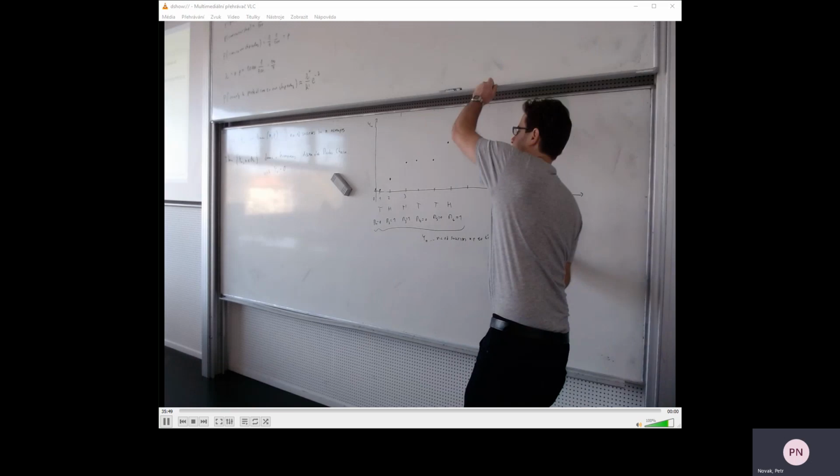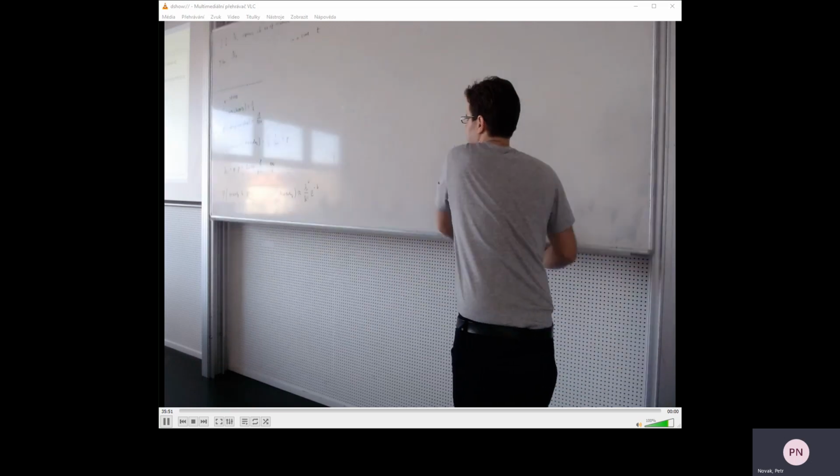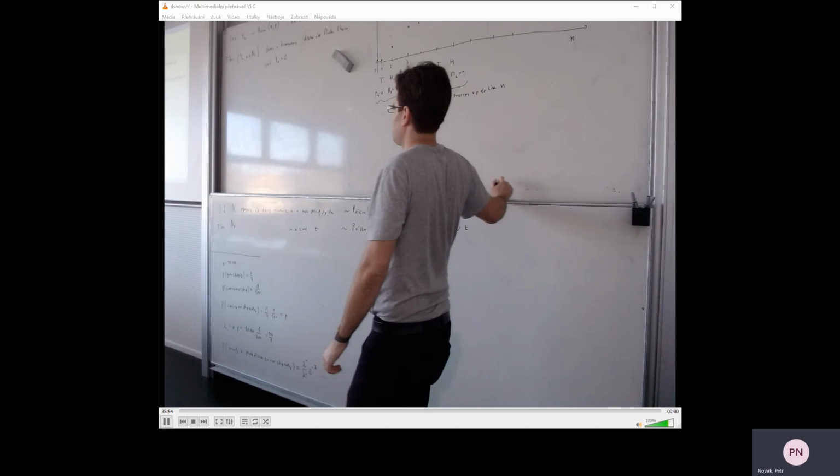Now, how would the matrix of transition probabilities for such a process look like?